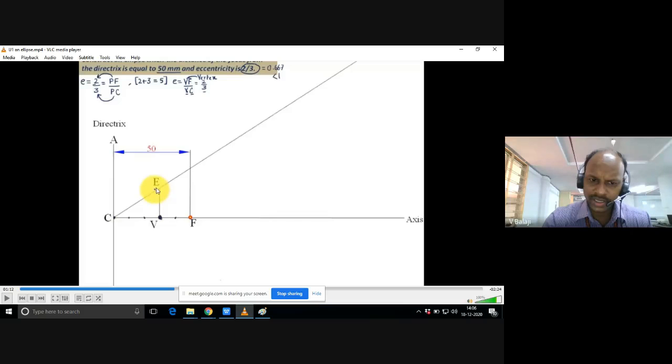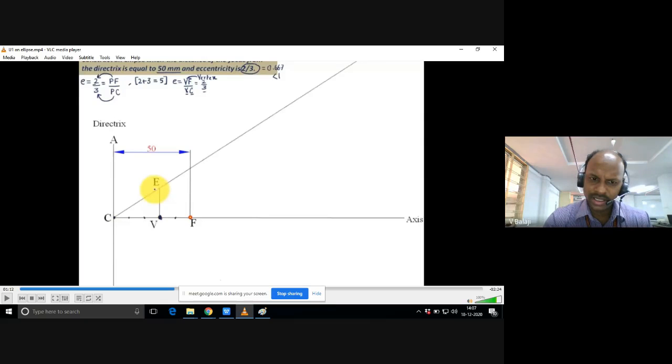Draw one vertical line and cut that line with an arc. Measure that distance VF, and VE must be the same as VF. These two are equal, always remember. Extend CE further, and you will get an inclined line.